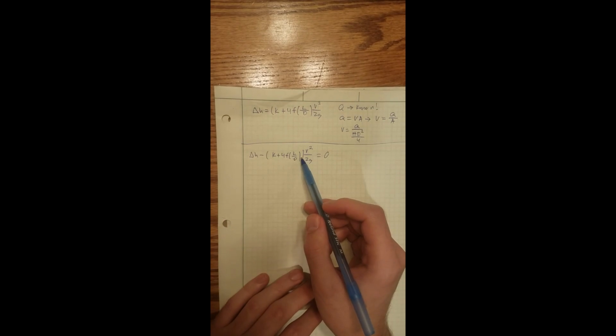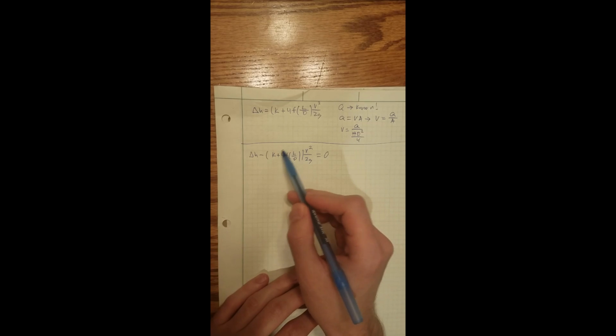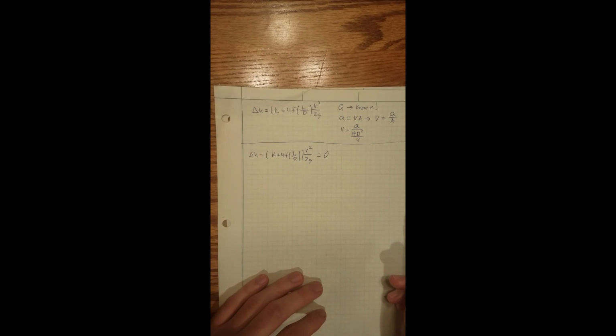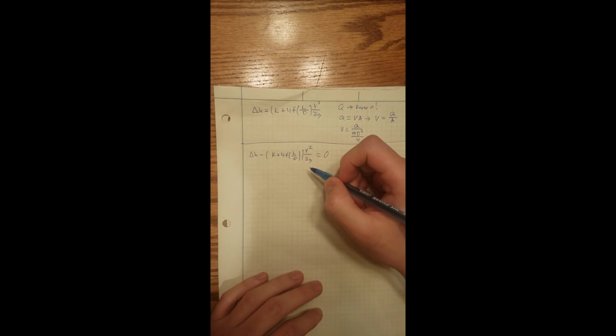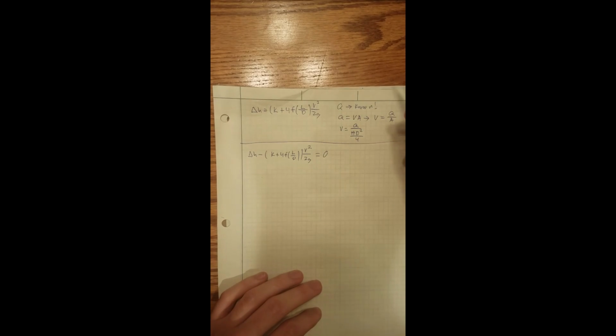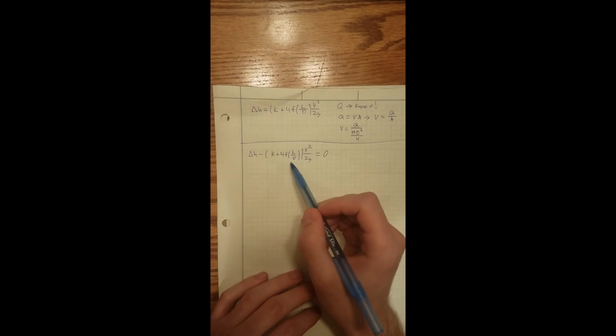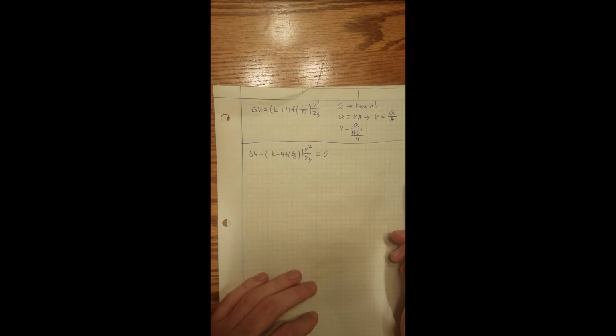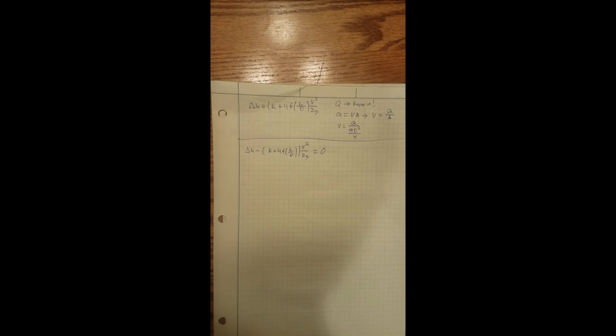So we want to obtain a delta head equal to the actual delta head by making a guess for the flow rate, right? So when we do this, we're going to use a Newton-Raphson estimation to iteratively adjust our guess for the flow rate until this equation is satisfied. Okay? So let's move over to Python now.